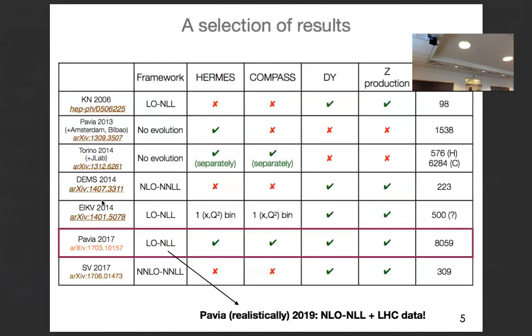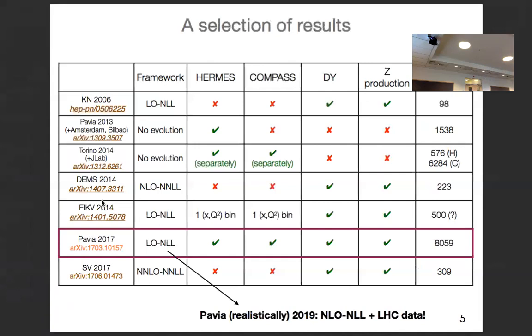The first column contains the framework for the fit, which means the accuracy of the contributions in the W functions. So next-to-leading log, leading order means that the Wilson coefficients are leading order, and the A1, A2, and B1, B2 coefficients are next-to-leading log in the exponent.